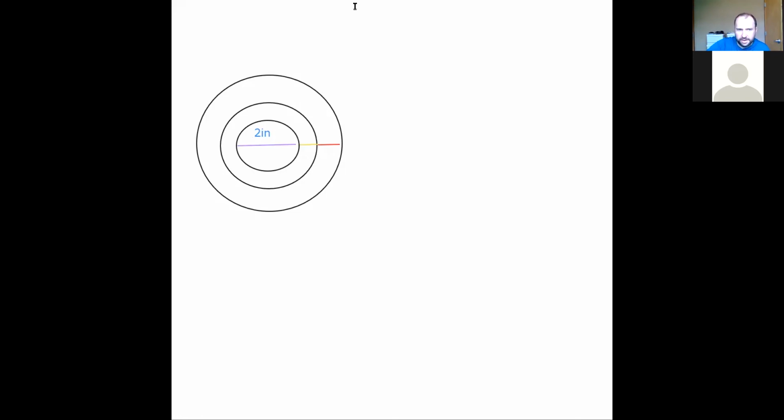Okay, these 2 bands are 2 inches, and the diameter there is 2 inches. And we want to know what the outer circumference of the 10 point band is.